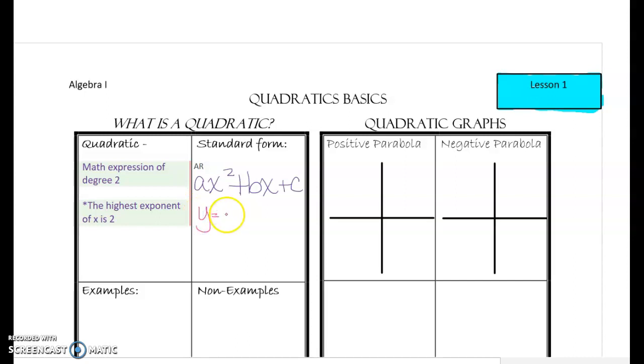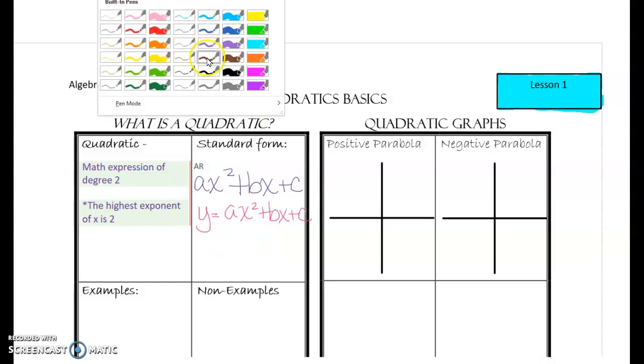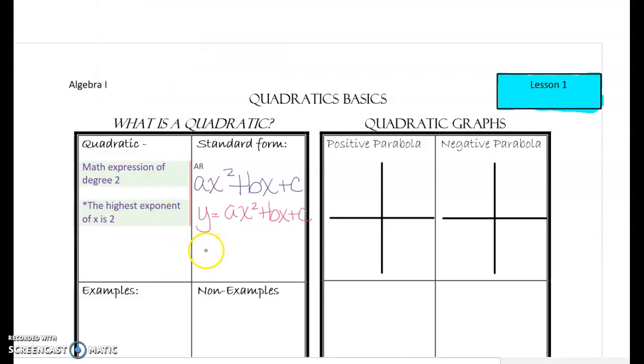Okay, this would be an equation. y equals ax squared plus bx plus c. You could see it as f of x, in function notation, equals ax squared plus bx plus c. All of those are in standard form.